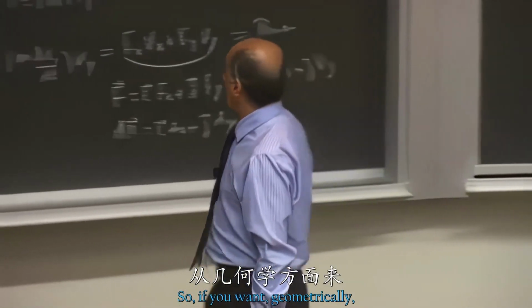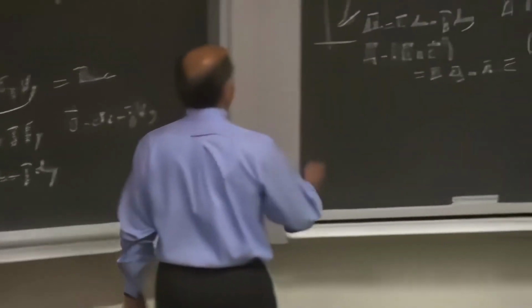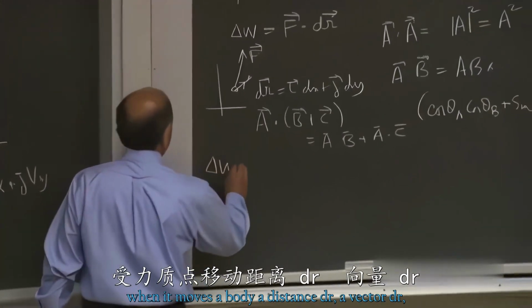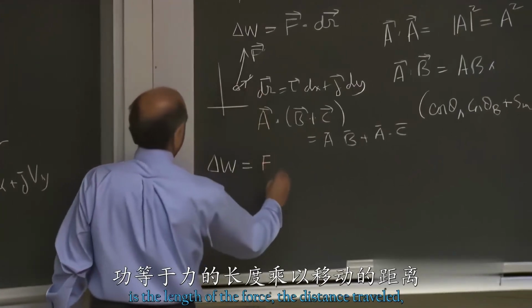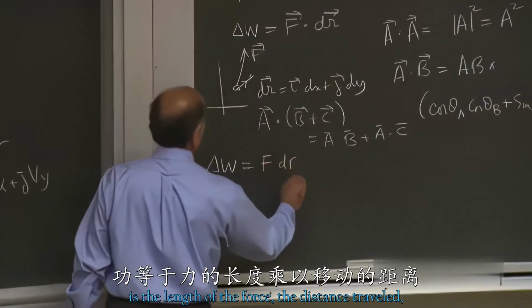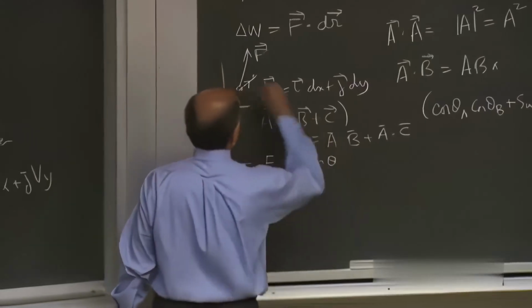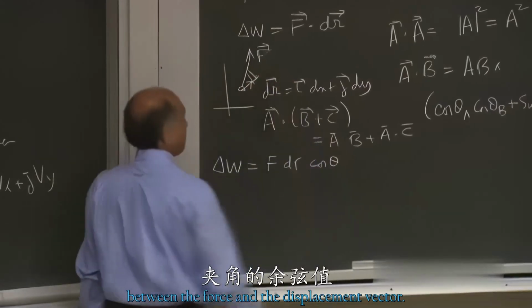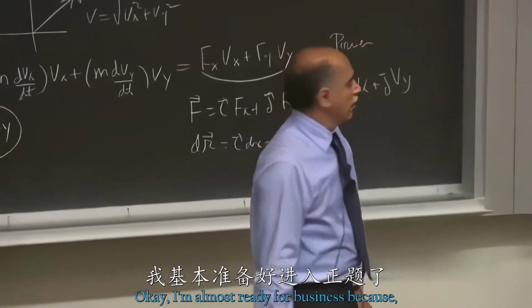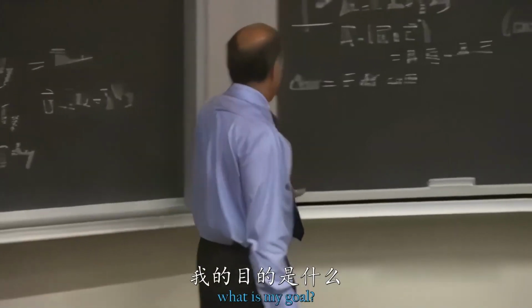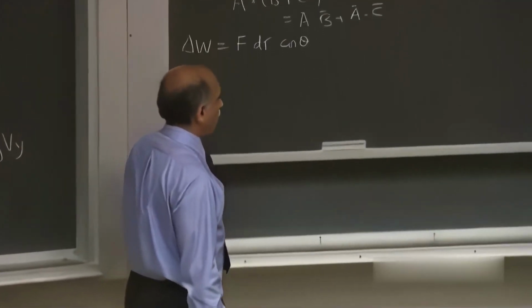So geometrically, the work done by a force when it moves a body a displacement vector dr is the length of the force, times the distance traveled, times the cosine of the angle between the force and the displacement vector. Okay, I'm almost ready for business, because what is my goal?